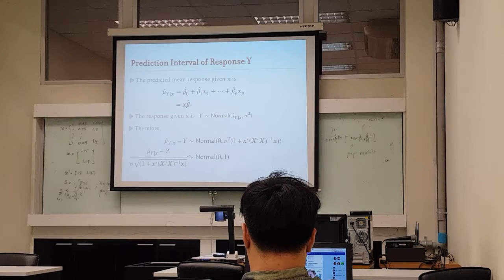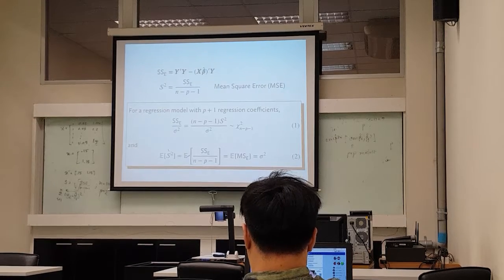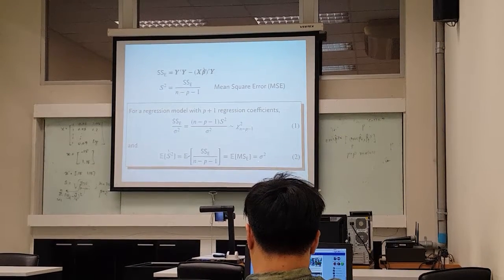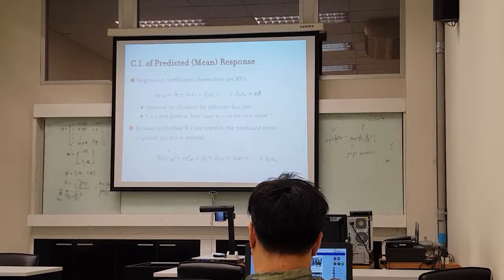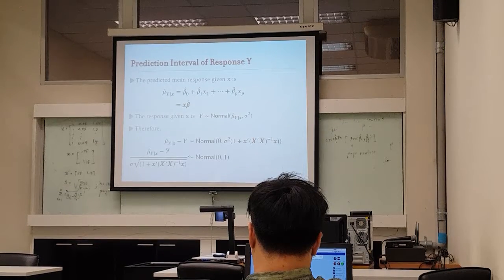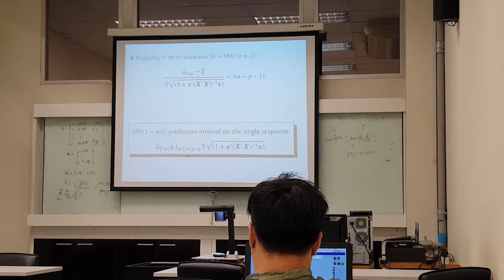If you divide this term by this standard deviation, you will get the standard normal 0, 1 distribution. If you replace this sigma by the sample standard deviation, the estimate of the error variance, you will get a t distribution. This becomes a t distribution with n minus p minus 1 degrees of freedom.